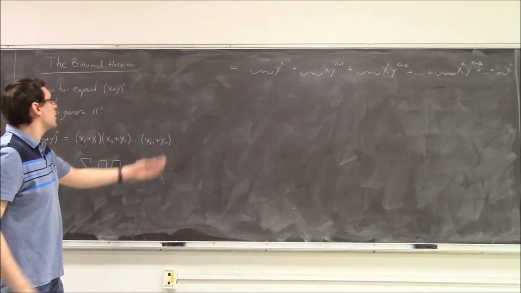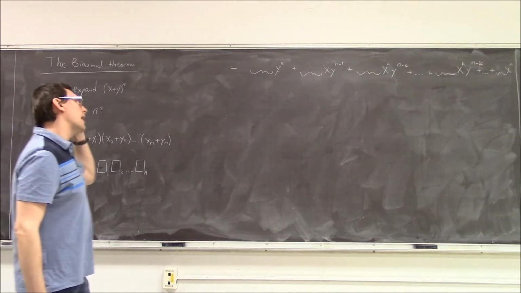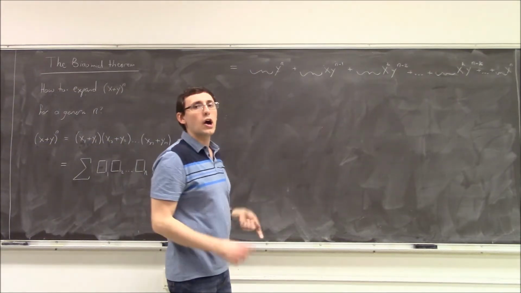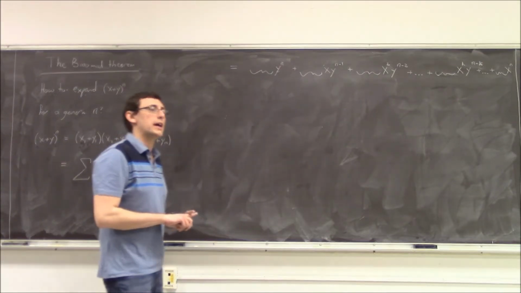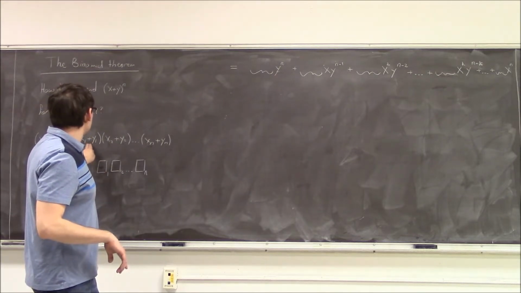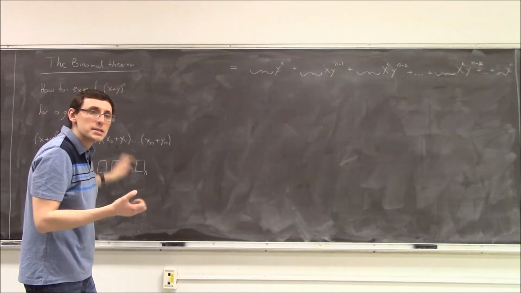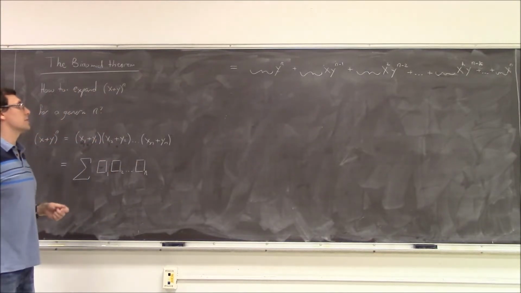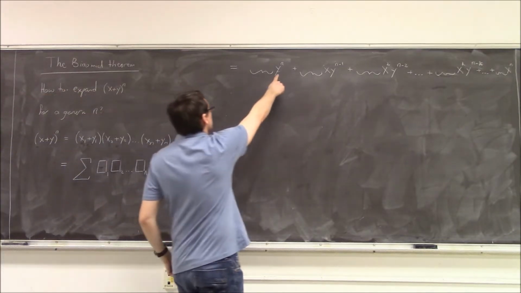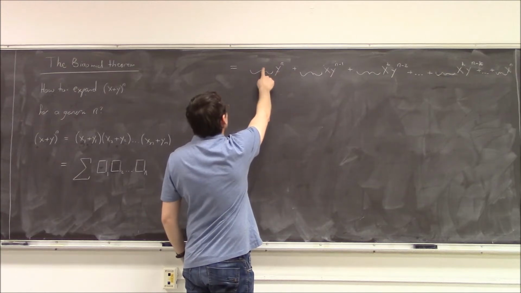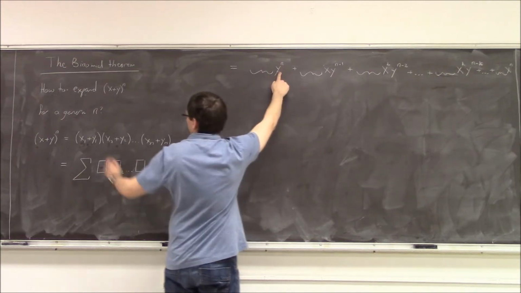So when I look at the summation, I can group it based on how many x representatives arrive. From the first parenthesis, how many x representatives arrived; from the second parenthesis, how many representatives arrived. So this means only y representatives arrived from each parenthesis.